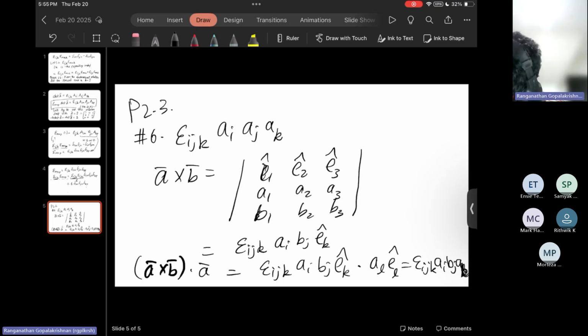Yeah. Okay. So you can make the choice that vector B is equal to A. You can make AI BJ AK, or even otherwise, even if you don't make the choice, this quantity is 0.